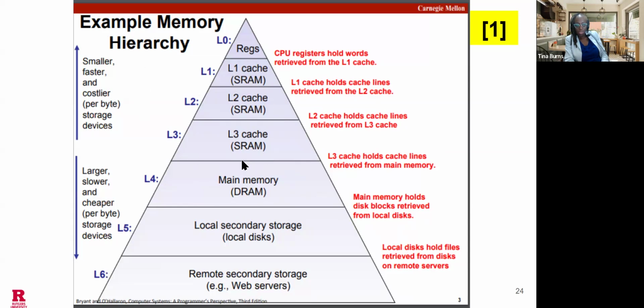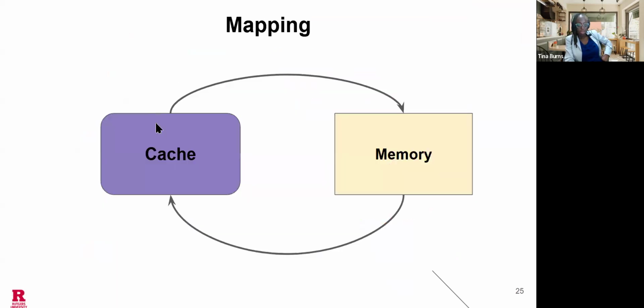So we can see where these are in terms of the different things. L1, 2, and 3 are those cache registers, and then here is your main memory, and these disks are your local disks and secondary storage that are being used for other operations. Okay.